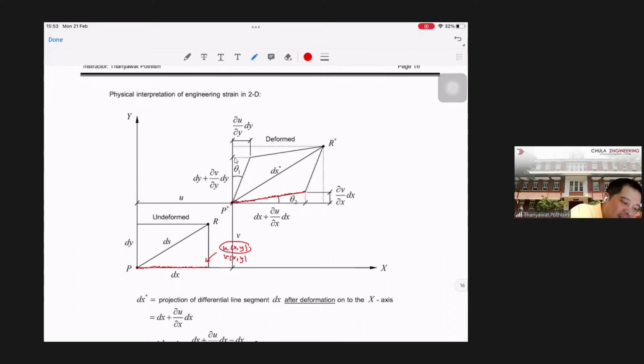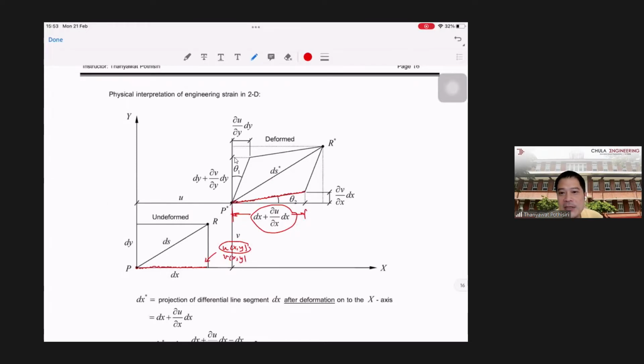So if you look at this component here in x direction, you would see that it's governed by this displacement function u and the derivative of u with respect to x only, okay? Because you're moving in x direction, okay? So it tells you how much it is elongated or contracted in x direction.